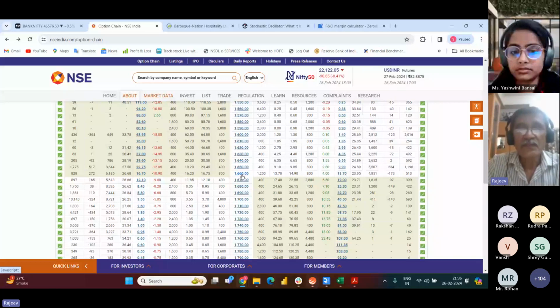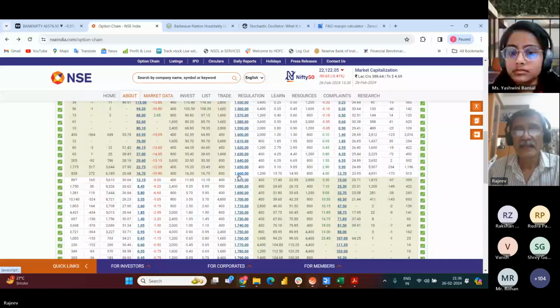In the money is where the position is in the money. For example, if I have a put position at 1670, and if the market ends, the Infosys price ends at 1660, then I stand to gain about 10 rupees from this difference.